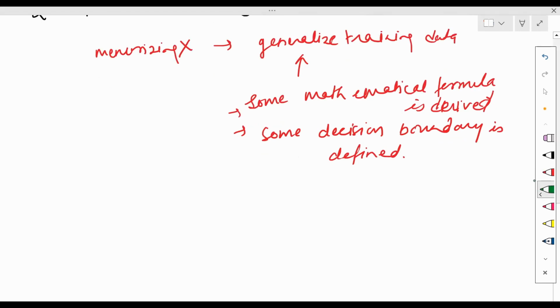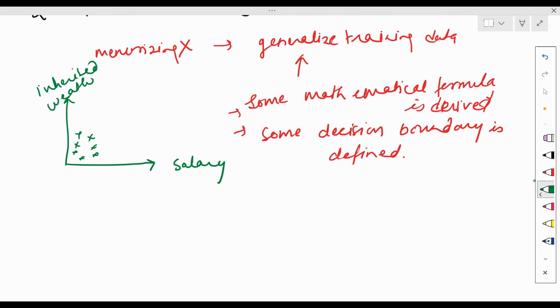If we take the same example again, where on the x-axis we have salary and on the y-axis we have inherited wealth, now we want to predict whether a person is capable of buying a house in the upcoming year or not. So instead of memorizing the data, what the model will do is create a decision boundary or some mathematical formula. Maybe it will create a decision boundary like this.